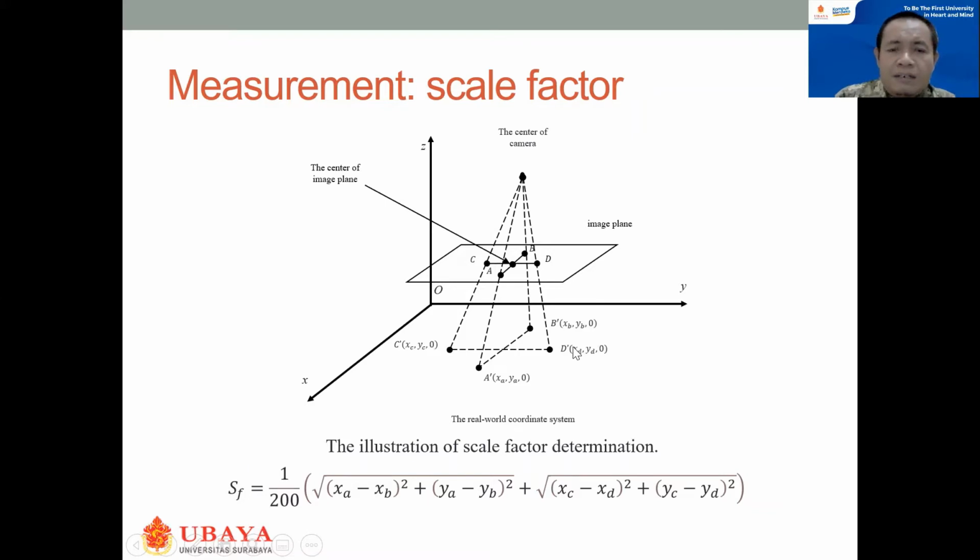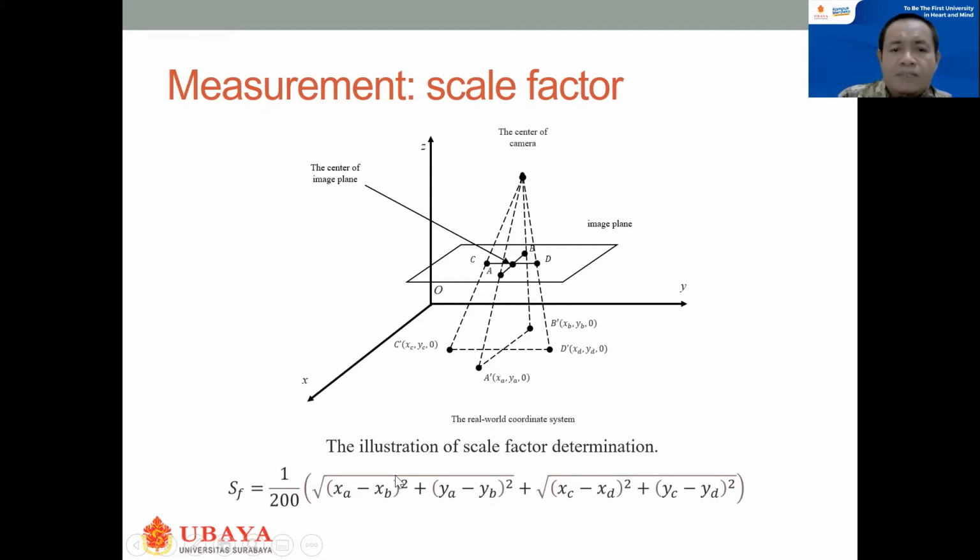And then we calculate the distance from A prime to B prime and C prime to D prime. So this is the distance from A prime to B prime in the real world coordinate, and this is the distance from C prime to D prime in the real world coordinate.